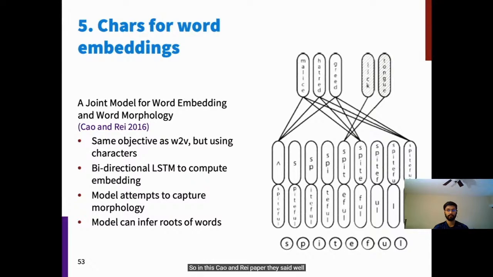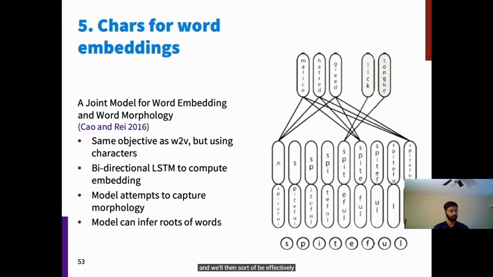So in this Cao and Rei paper, they said, well, let's train a word2vec model using exactly the same loss as word2vec uses, but rather than having word representations, let's start with character sequences and run a bidirectional LSTM to work out word representations.